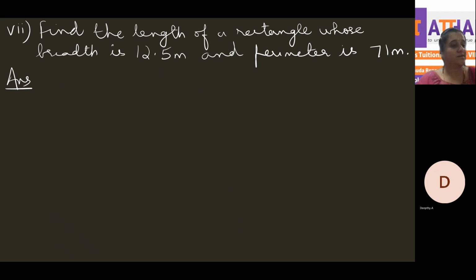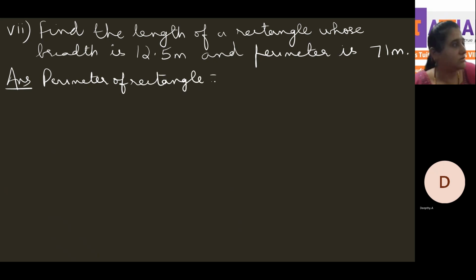Decimal point. Not multiply. It should divide. 71 divided by 2. So what is the perimeter of the rectangle, children?